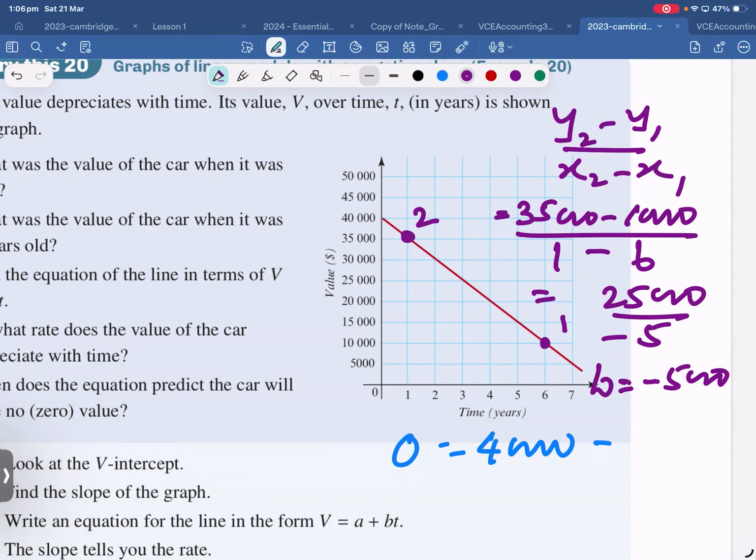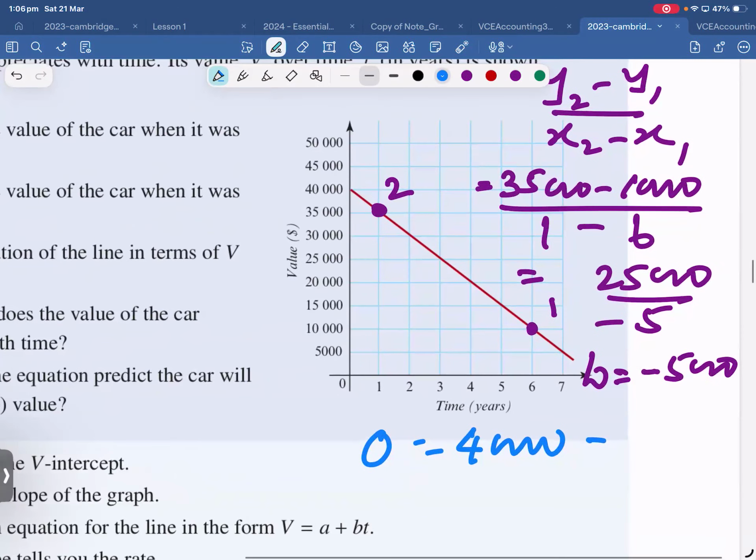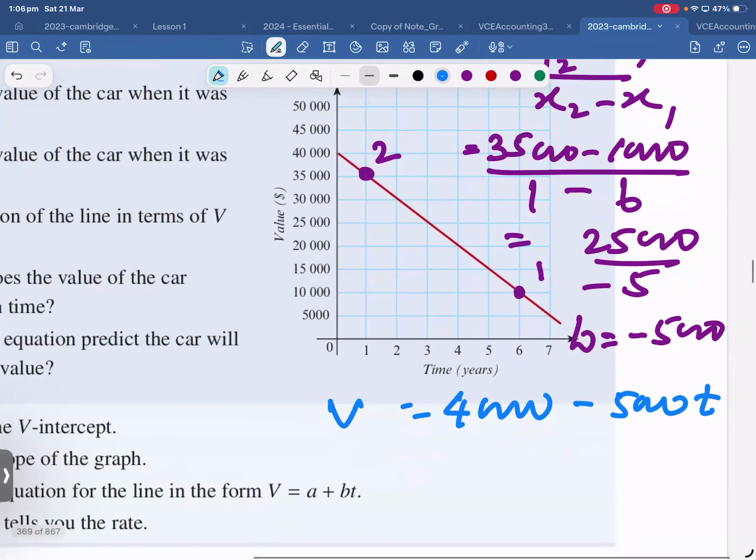So what's A? A would be 40,000. 40,000, and this one is minus 5,000, and then this is going to be T, and this one we are saying equal to V. So now we are saying V is going to be 0. And now apply, now find.